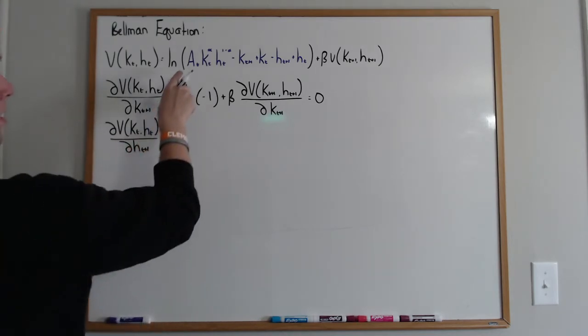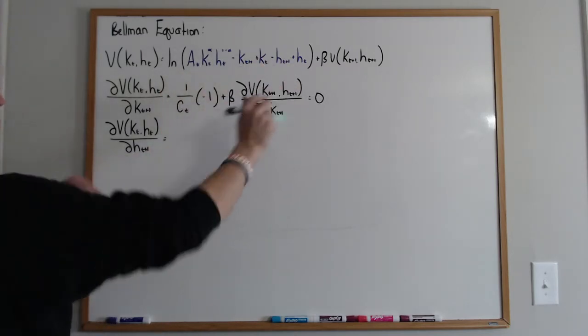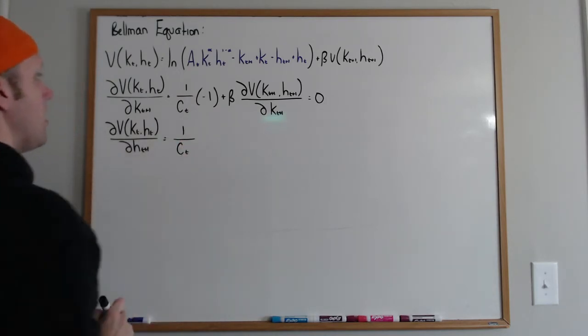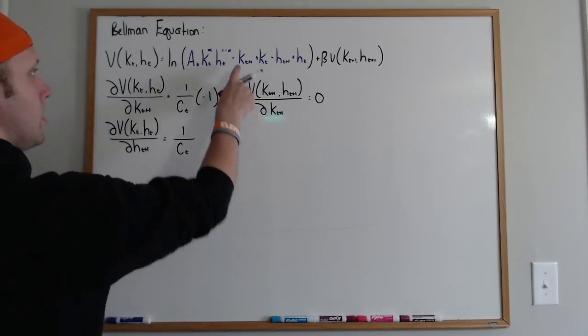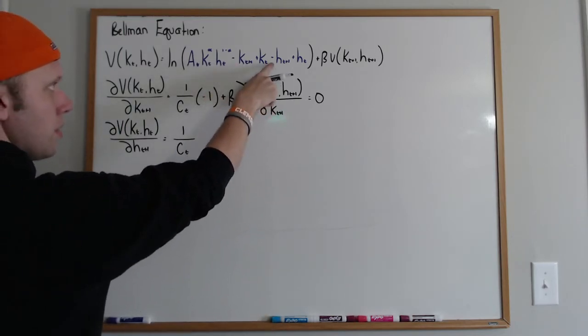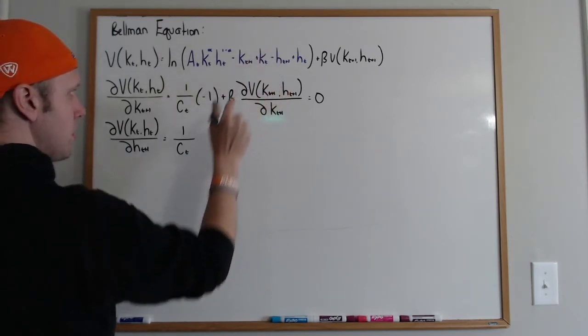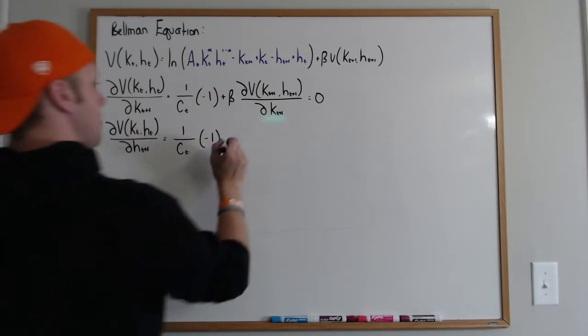And so we take 1 over all this, which just gives me 1 over c_t. Now we've got to look on the inside. The derivative of the inside with respect to h_{t+1}. What is it? Well, for k_{t+1} it was negative 1, but we're also subtracting h_{t+1} here, so the derivative for that is also negative 1. Not bad.